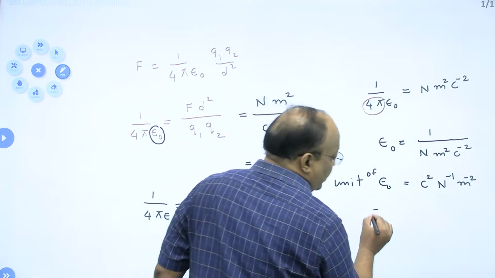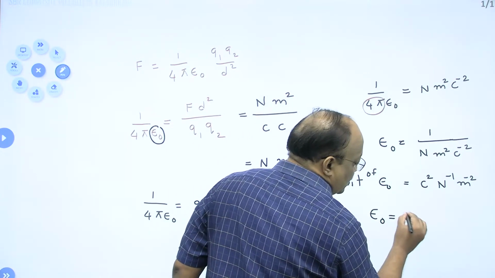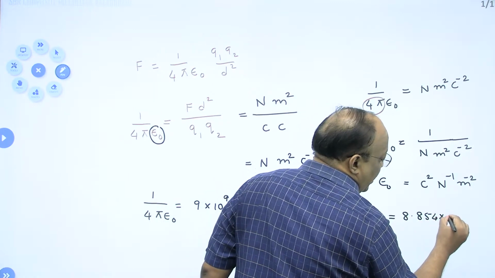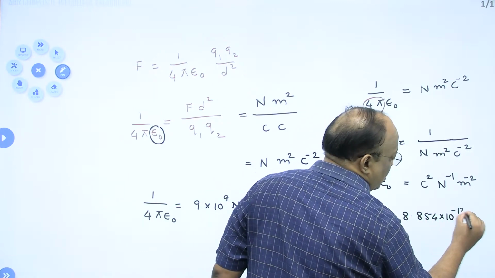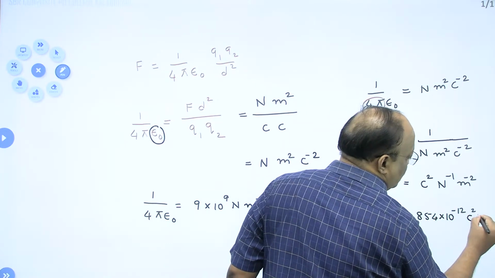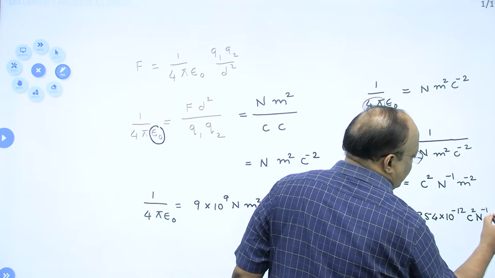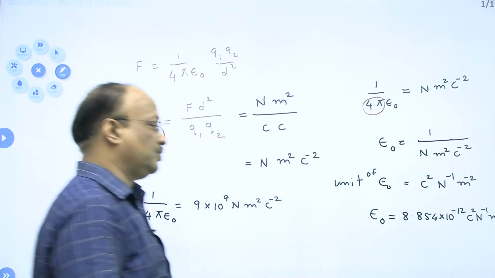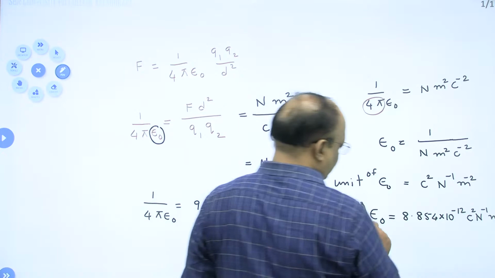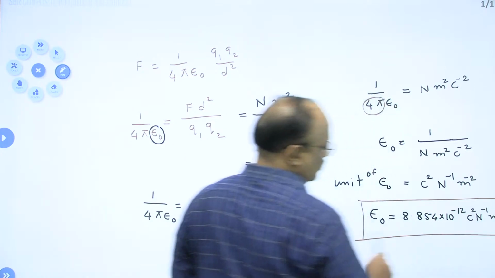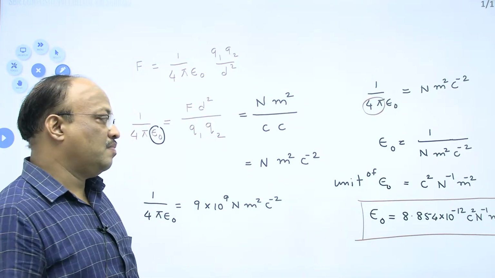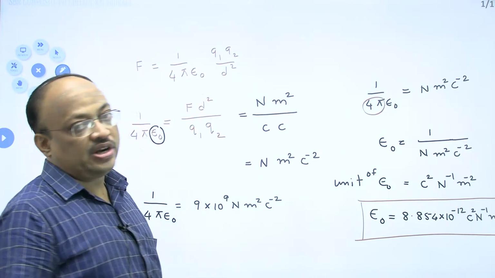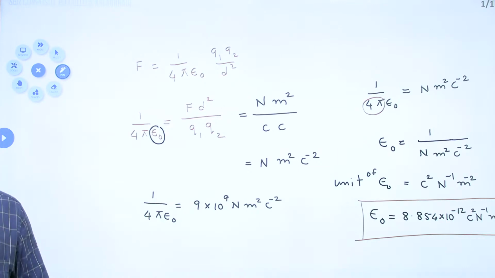As I mentioned, epsilon naught value is 8.854 into 10 to the power of minus 12, in Coulomb square per Newton per meter square.